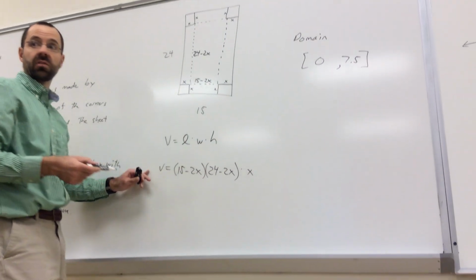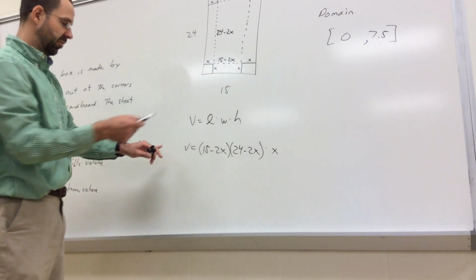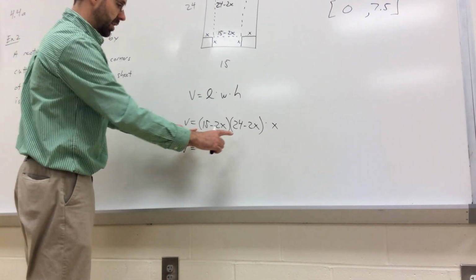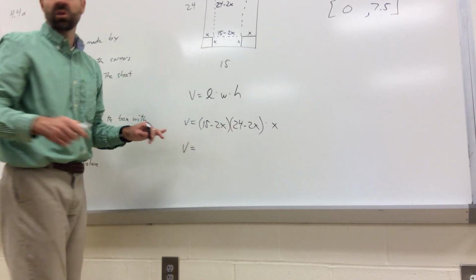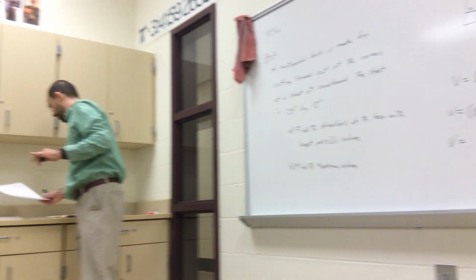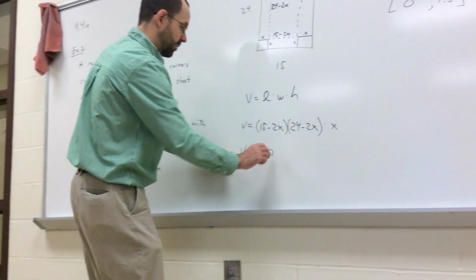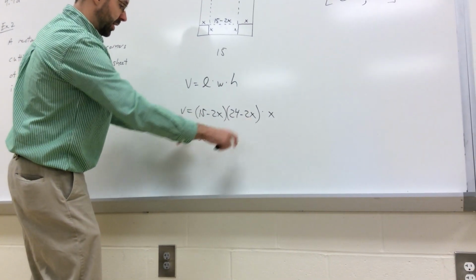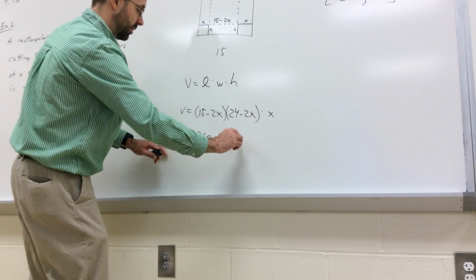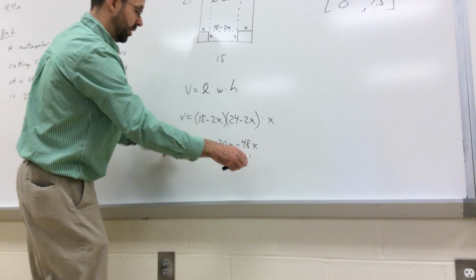So we're going to have to find our critical values from this formula, so we'll have to take the derivative of this. Before I take the derivative of it, I'm going to FOIL it out. So 15 times 24 is 360, and then this would be minus 30x, minus 48x, and plus 4x squared.